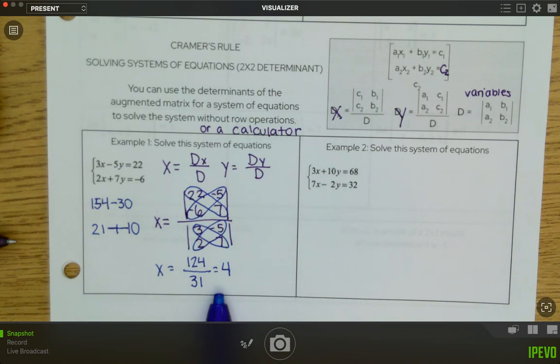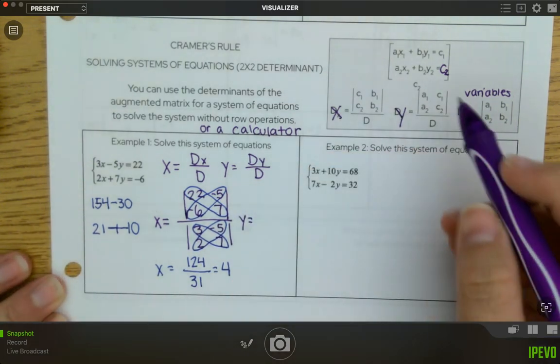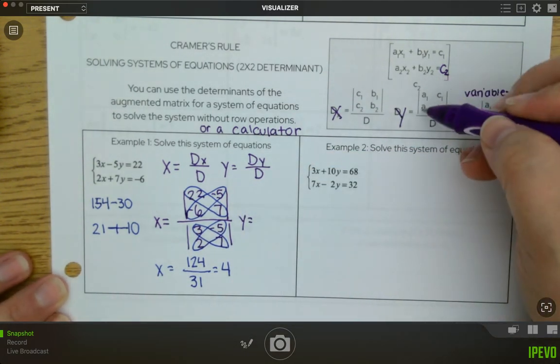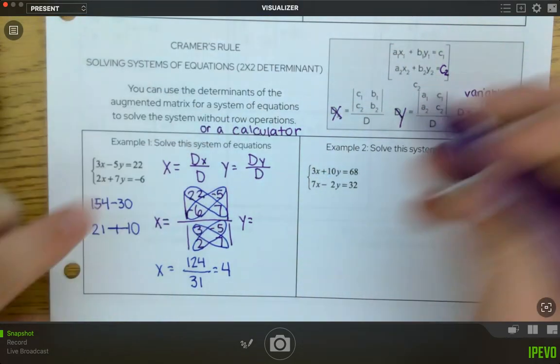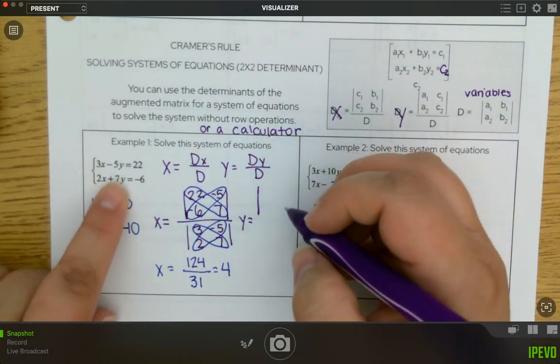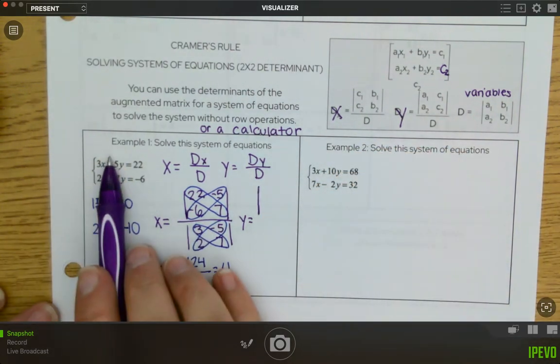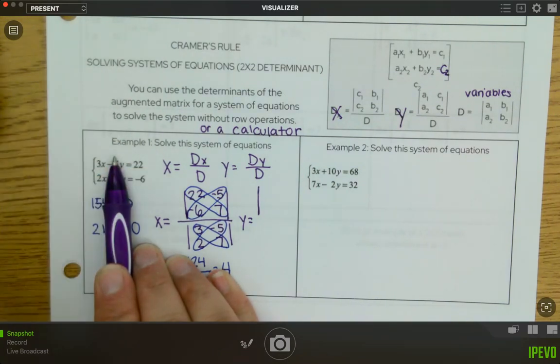Now, I'm going to be really honest, you have two choices. Either plug 4 back into one of the equations, or do a similar process for y. For y, you'll notice that it uses sort of like the x column and the constant column. So you're eliminating the y column, basically. So you're covering up those y's, and you're going to go 3, 22, 2, negative 6.